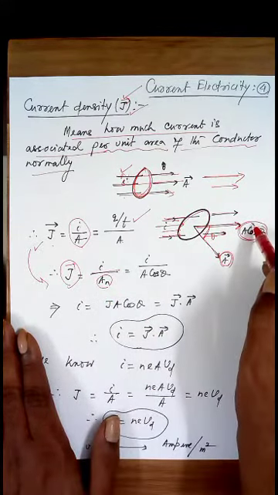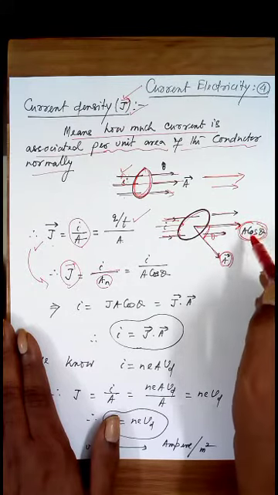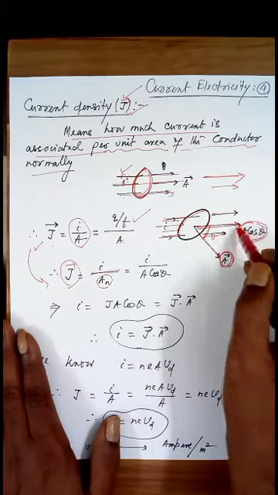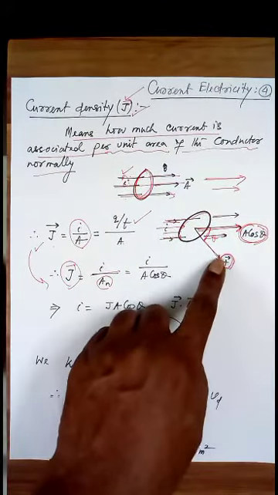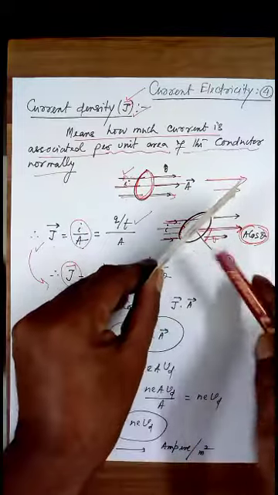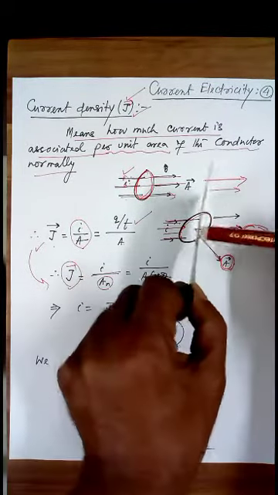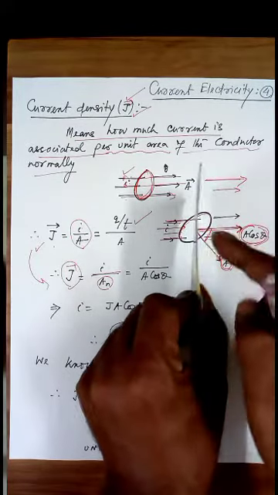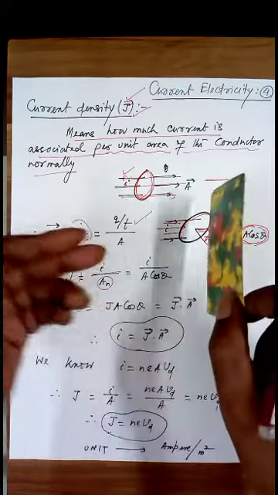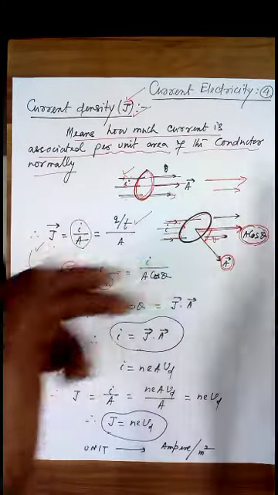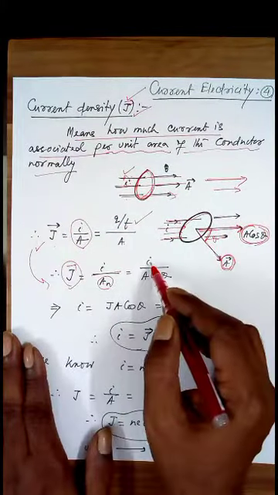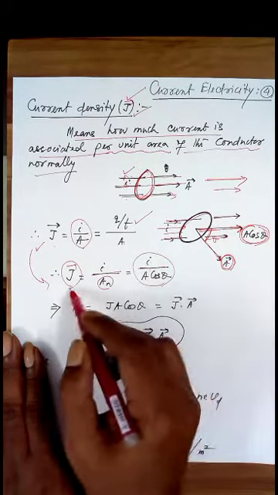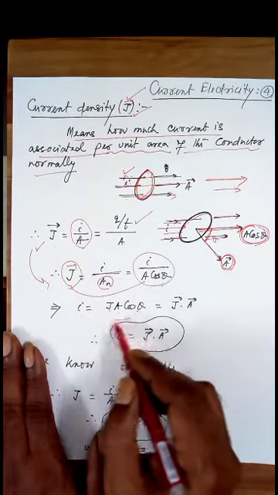Now here A cos theta is the component of A in this direction. From this component of A, that is A cos theta, the current is coming out normally. So your J is equal to I over A cos theta. Now cross multiplying, we get I is equal to J A cos theta.